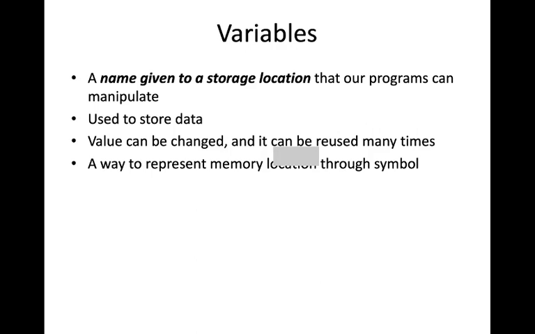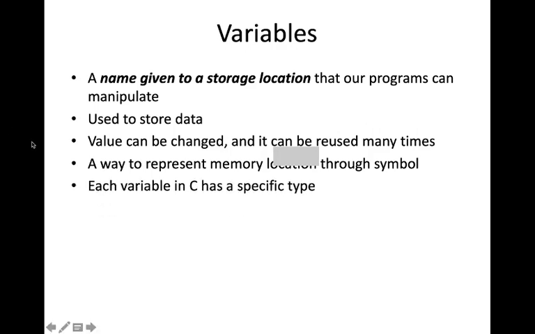If you want to address the 5000 address location, instead of specifying the address, we use a name to specify it. We will give some variable name like number or A, B, C. We will be giving some names for that. Those will actually be the storage locations.